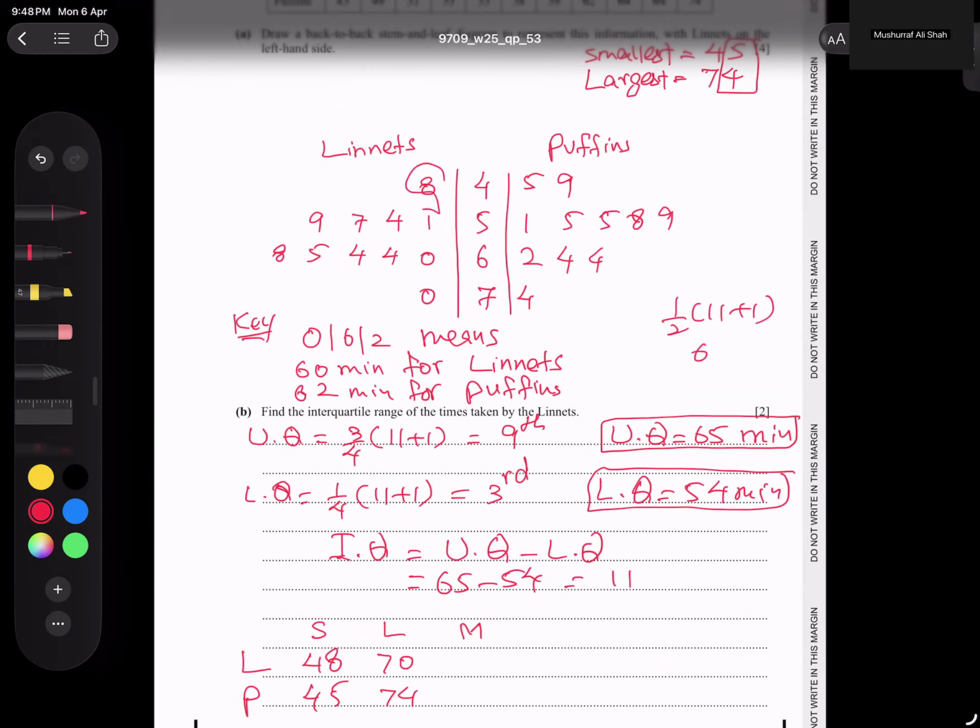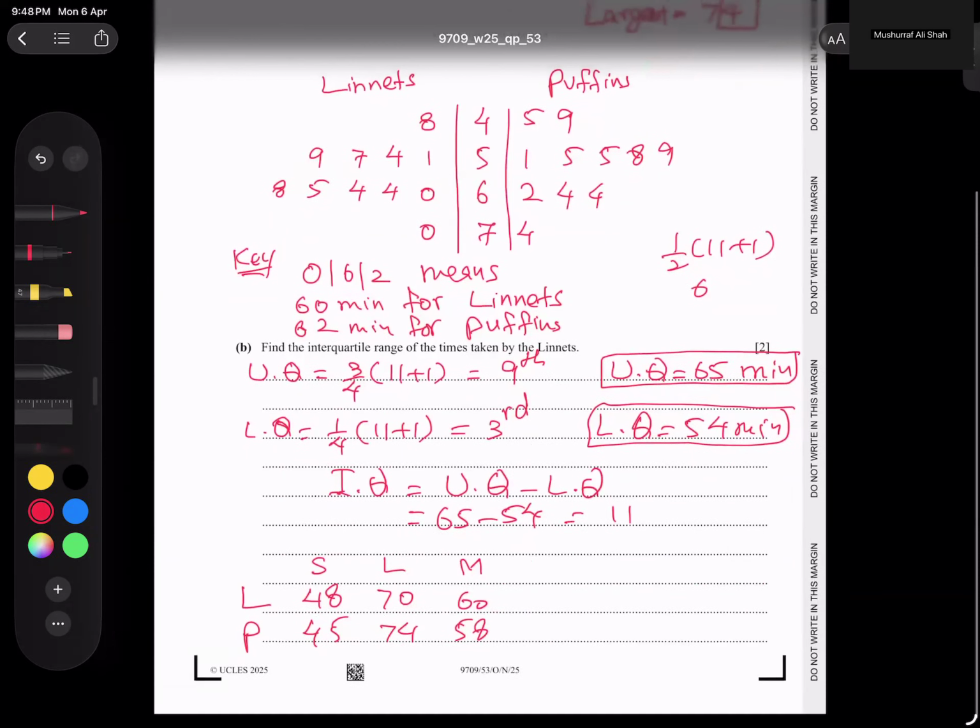So 1, 2, 3, 4, 5, 6. So median for this is 60. And for the sixth place, 1, 2, 3, 4, 5, 6. So 58 median for the other. Okay. This is done, students.